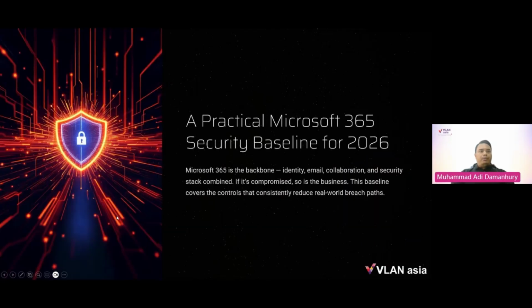So today, I would like to share in this webinar that Microsoft has introduced new baseline security modes for Microsoft 365 in 2026, which enforce security-by-default settings across identity, email, collaboration, and data protection.